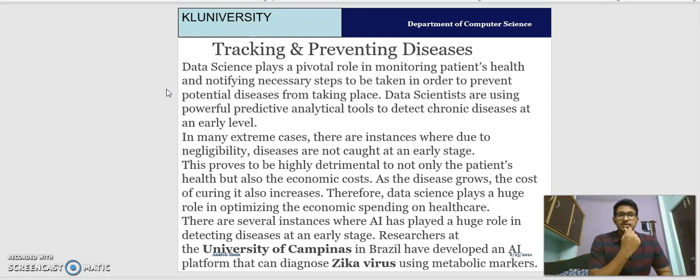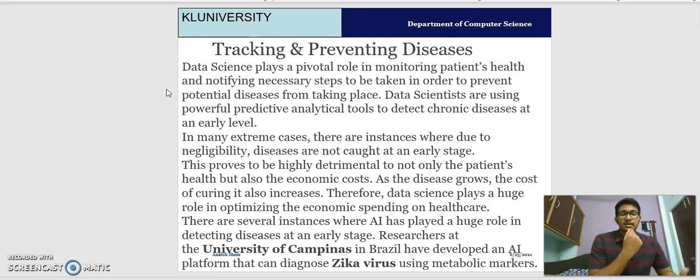The inner sense of this sentence is that many data scientists are using powerful predictive analytical tools and algorithms to identify the problem as early as possible, so that we can cure it within a short period of time.